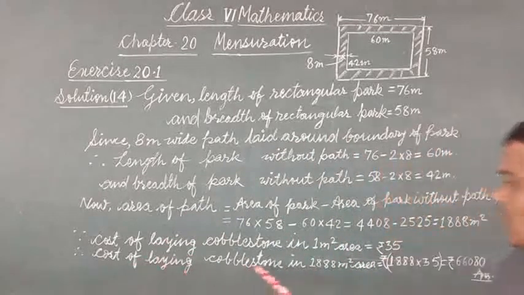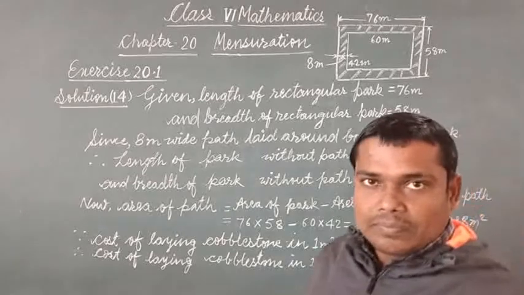Therefore, the cost of laying cobblestone in 1888 meter square area will be rupees 35 multiplied by the area of the path, which will come rupees 66,080.